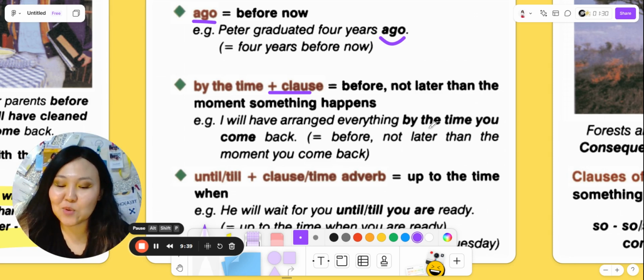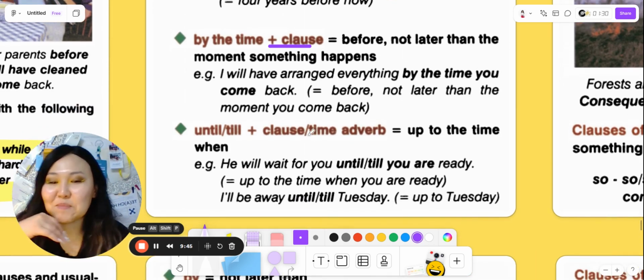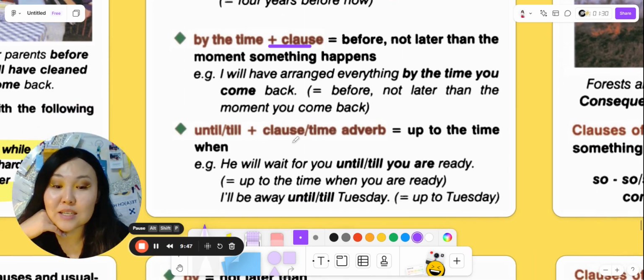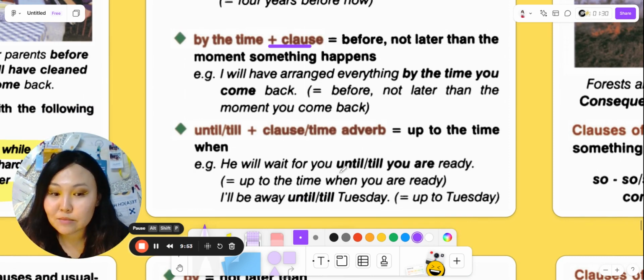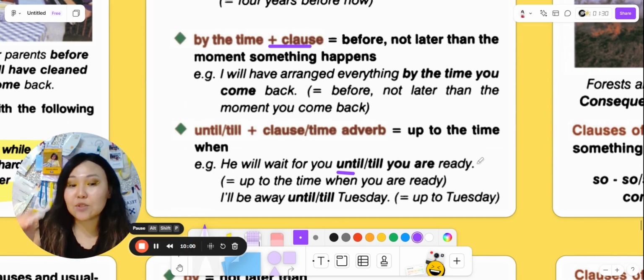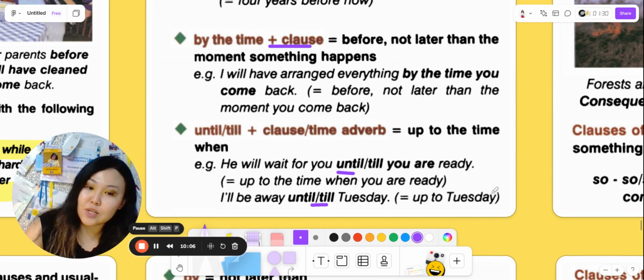Yeah, or I will have cleaned your flat before you come back from your walk. Okay, so next one. Until, till plus clause, time adverb, up to the time when. He will wait for you until you're ready, or he will wait for you till you're ready, up to the time when you're ready. I'll be away till Tuesday, so it means up to Tuesday.